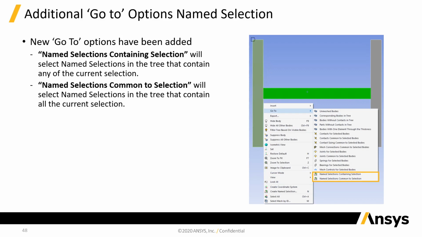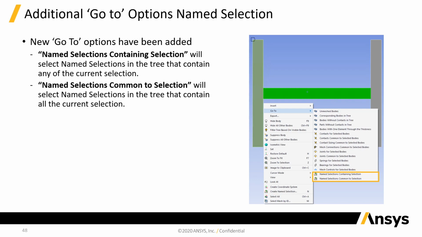And another thing with name selections is there's now a right-click go-to option. Now you may already know that the right-click functionality is quite powerful. For instance, with context, I personally use that a lot, where you basically select a few bodies in the model and then right-click and find all the contexts corresponding to those bodies, or even more powerful when you select 2 bodies and then you right-click, find all the contacts common to those bodies.